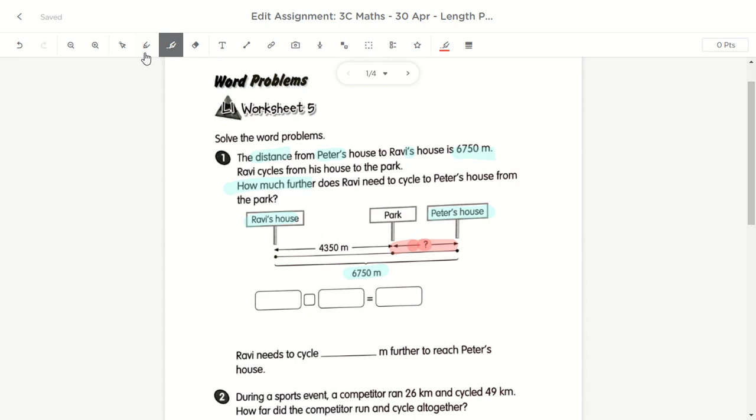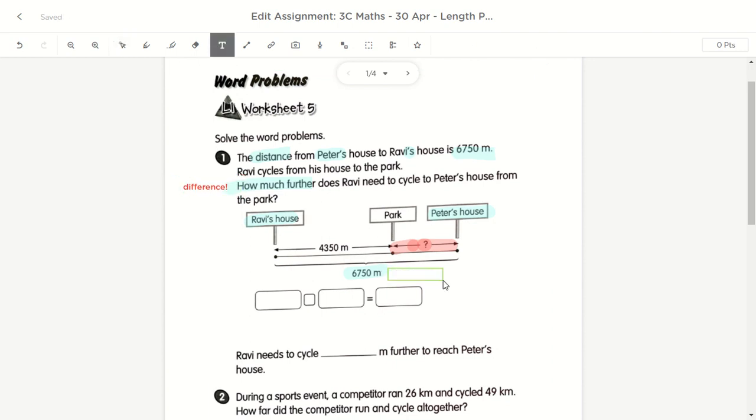You realize how much further is like how much more. Basically, when we ask you about how much further or how much more, we're asking you for the difference. Okay, so if you're asking for the difference, I'm sure you know what to do in terms of plus, minus, times, or divide. So you know that the total distance is 6,750.